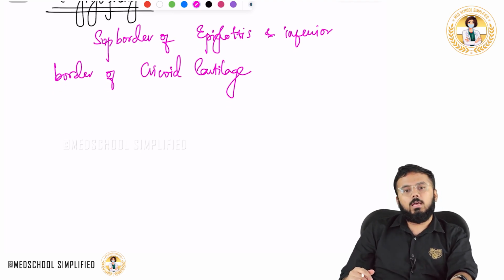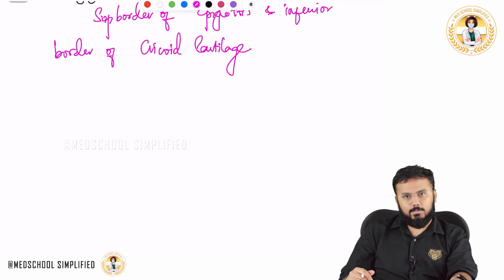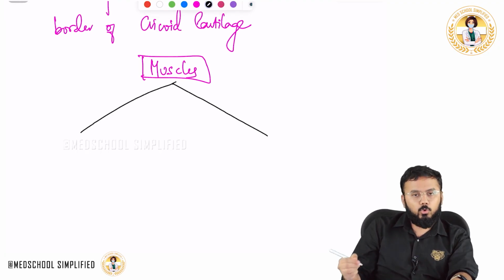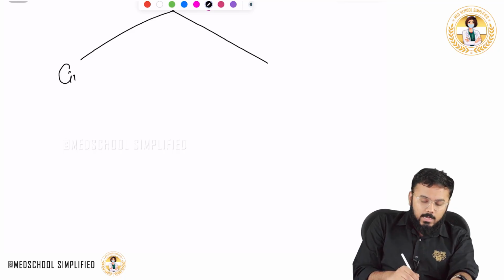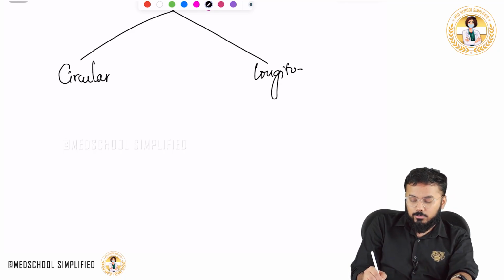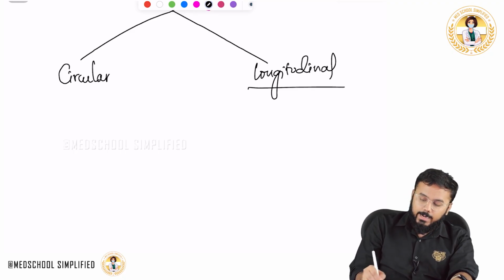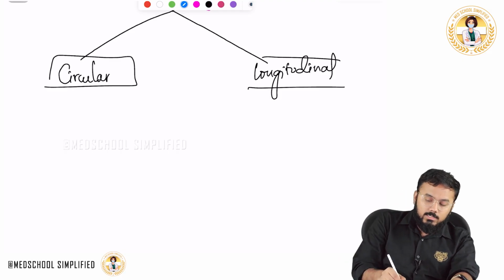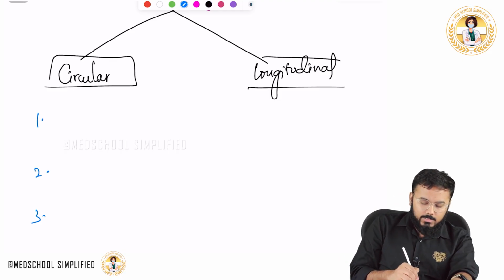Now let us see what are the different kinds of muscles that are located within this larynx. The muscles of the larynx are divided into two groups. One group is called circular muscles, another group is called longitudinal muscles. First of all, let us write down the names of these muscles and then look at them in the picture. Coming to the circular muscles, there are three circular muscles.